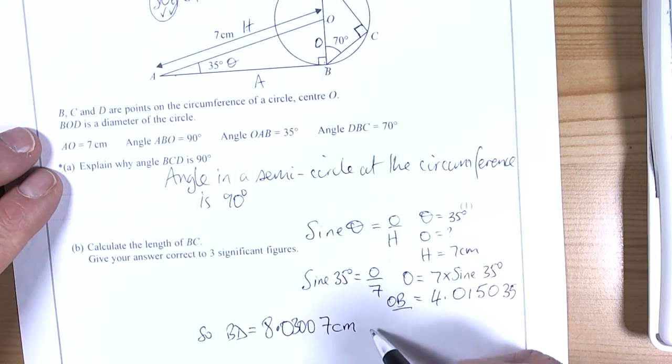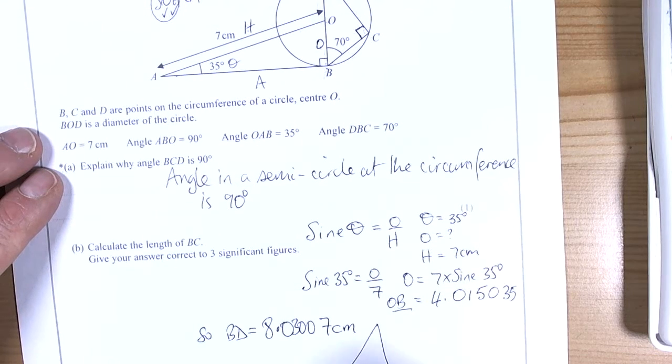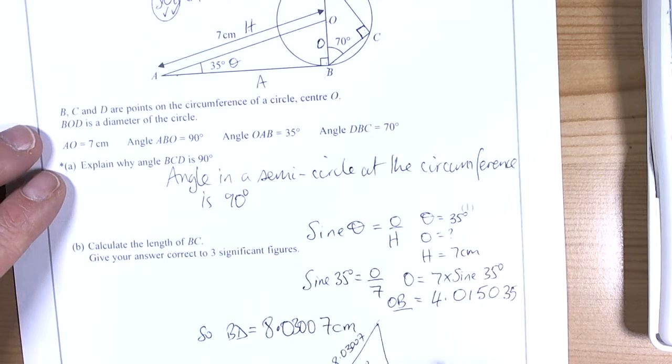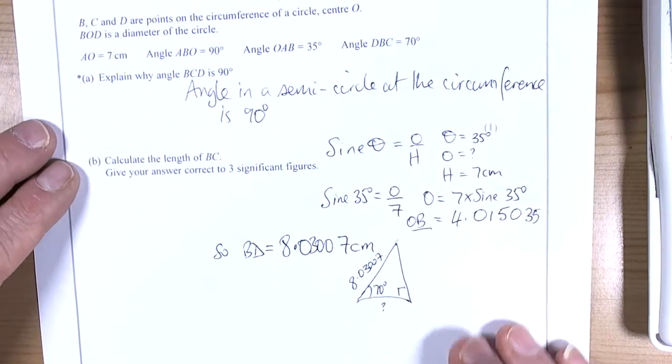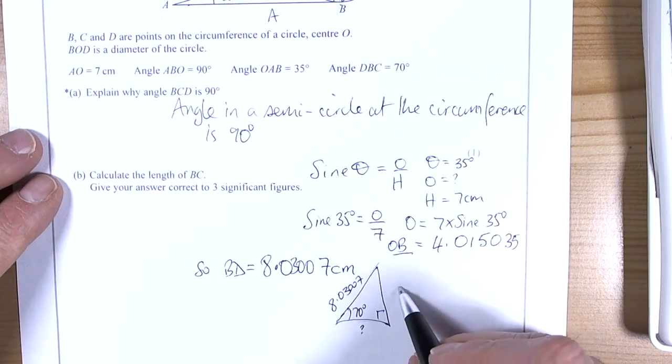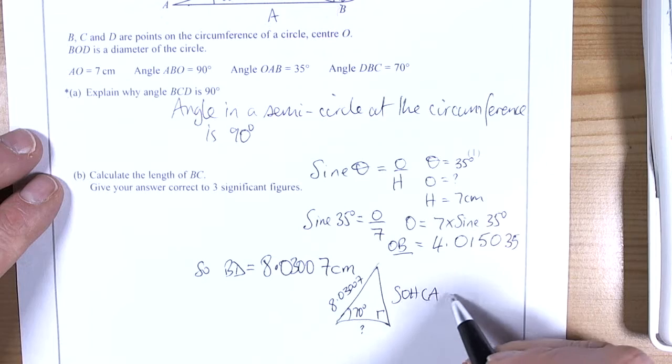So we now know that we've got the triangle that we want to work with. We knew this was 70 degrees, and we know there's the right angle. We've now worked out this length here, which was the diameter of the circle, 8.03007, and the length I wanted was this bottom one, so that's the question mark. If we think about SOHCAHTOA, it's about a right-angled triangle with lengths and angles.